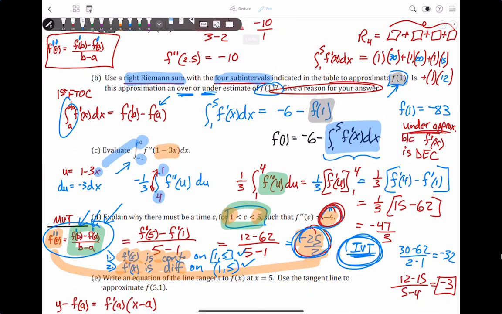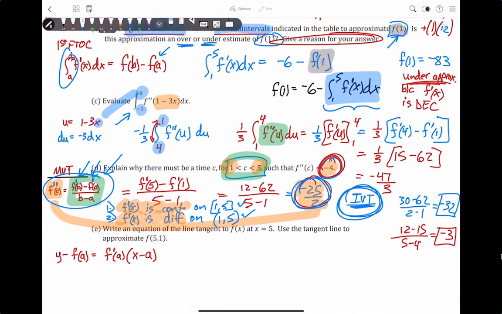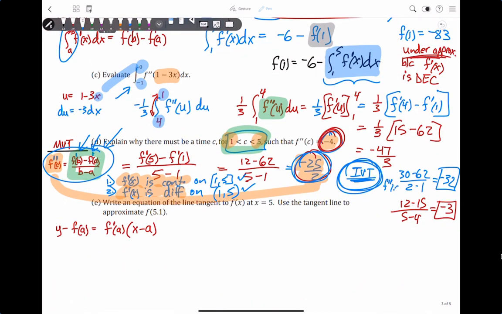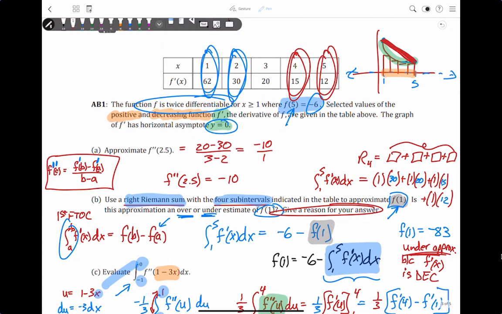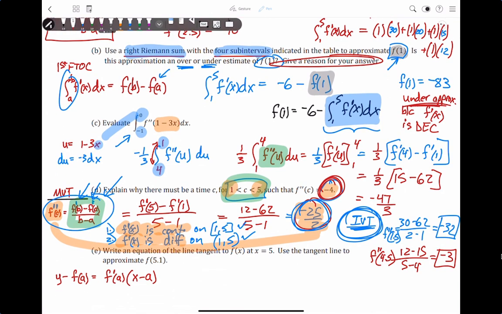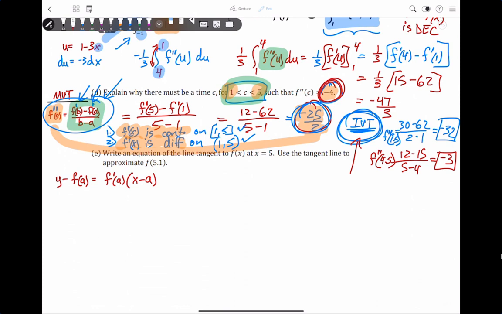Okay, so with that in mind, I'm showing that if these are f double primes, this is f double prime at the very beginning between those 2 points, right? You could say f double prime of 1.5. And the last one was f double prime at 4.5. Well, we know by intermediate value theorem, the conditions are very close to what they are for mean value theorem.